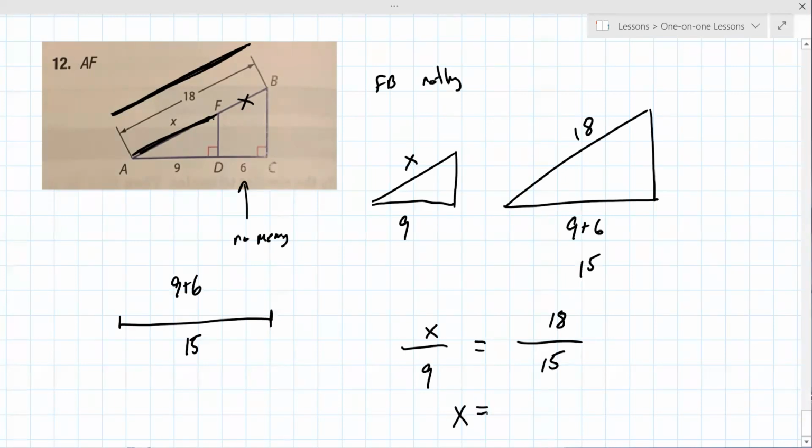X equals 10.8. Sounds right. Any questions on that? No, I think I'm good.